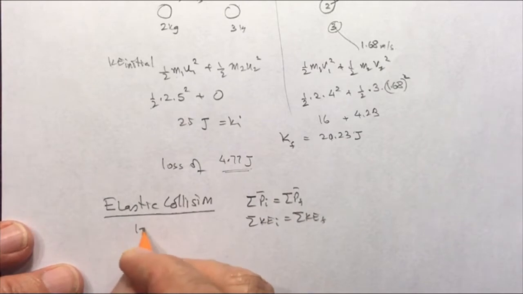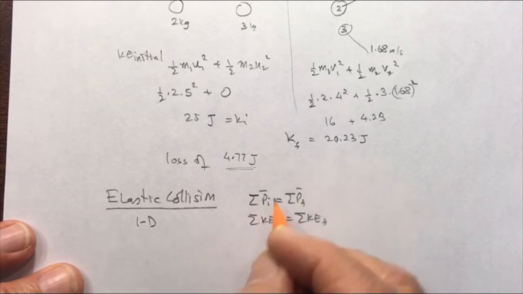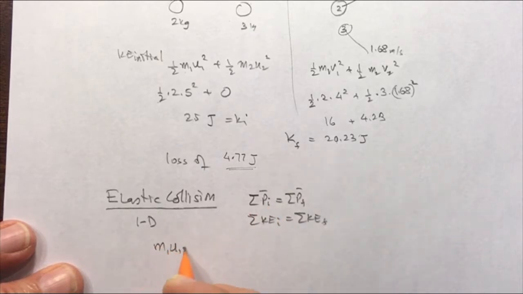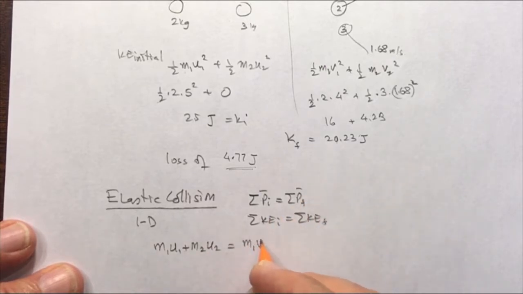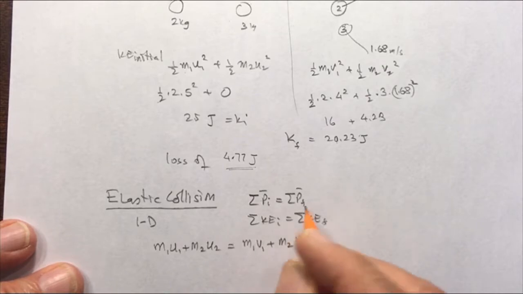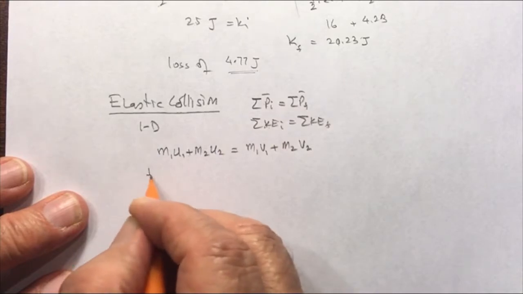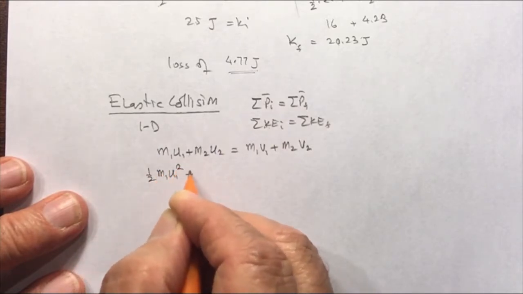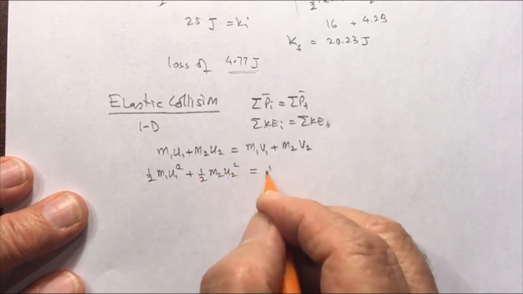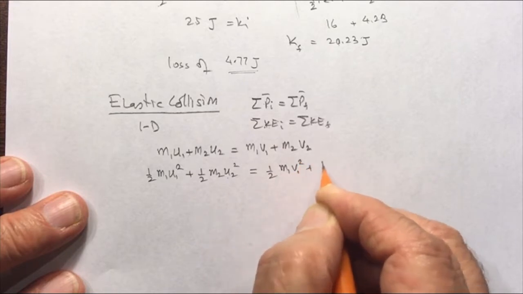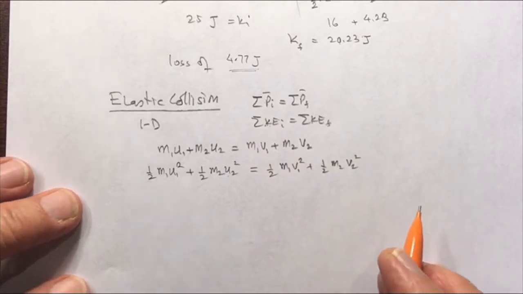Now, we'll again stay with one dimension, and the momentum can be written as, the initial momentum will be m1u1 plus m2u2, and the final will be m1v1 plus m2v2, considering only two particles, and the kinetic energies would be half m1u1 square and half m2u2 square. So that's the kinetic energy of 1 and 2 equals half m1v1 square and half m2v2 square, which is the kinetic energies of the two after the collision.